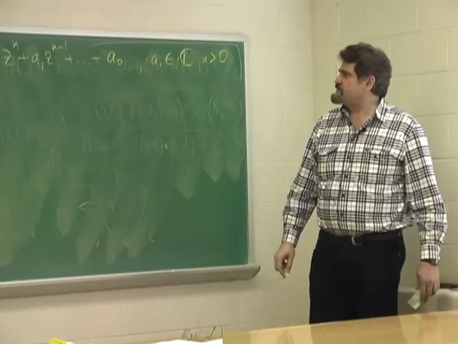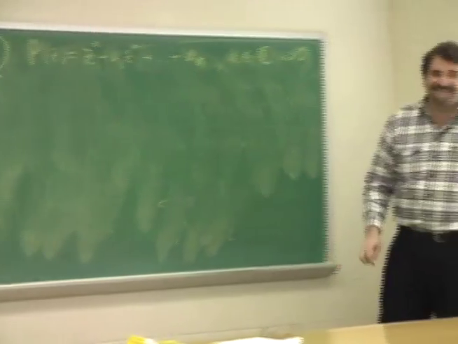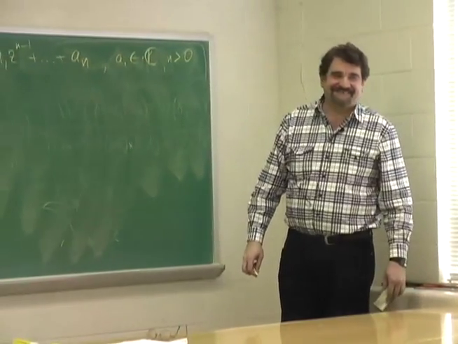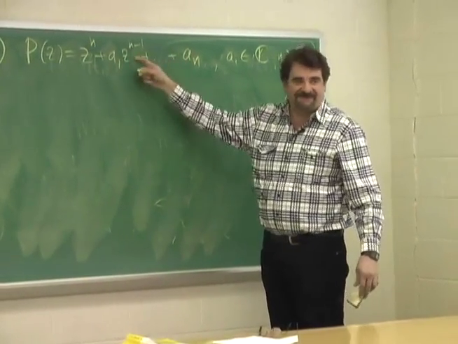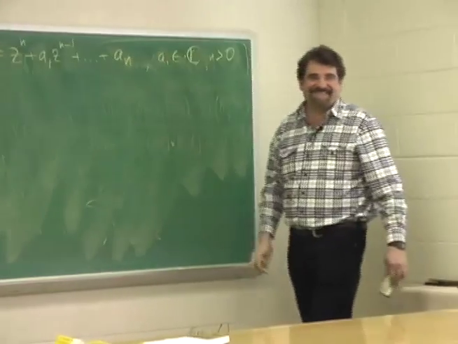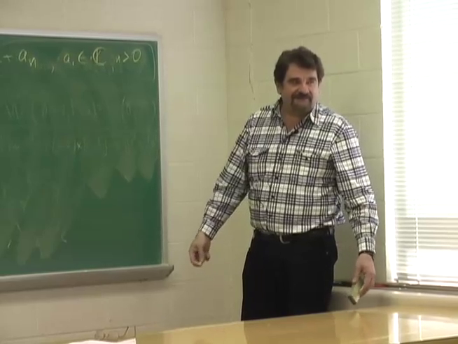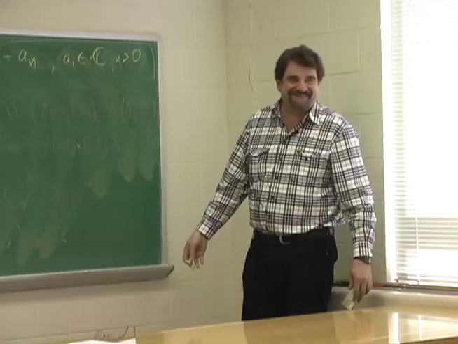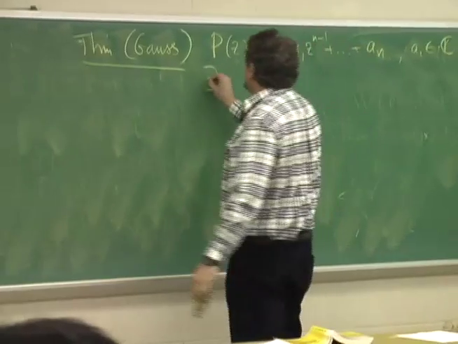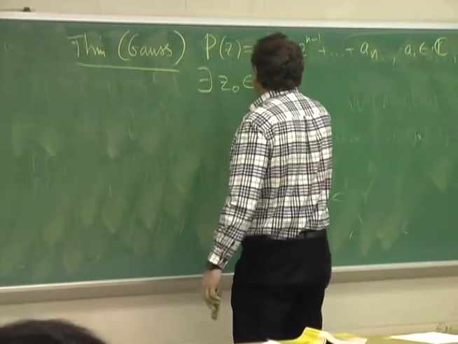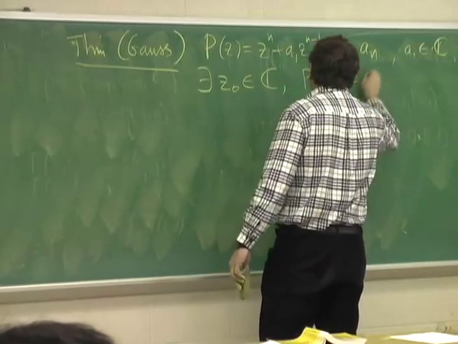The sum is over 0 to n. Well, actually, I thought this is 0, this is 1, this is 2, this is 3. Why not? Well, again, this is a nice way of keeping everyone alert. There exists Z naught in C such that P of Z naught is 0.